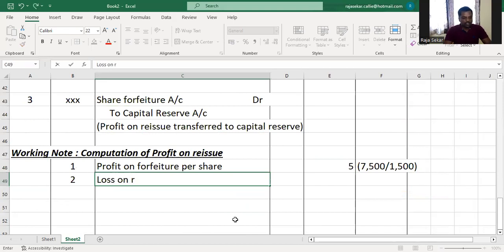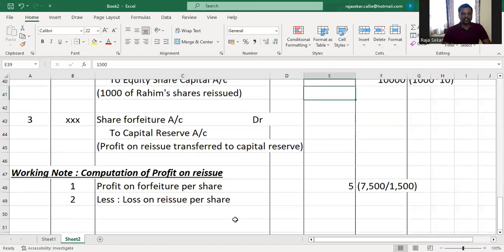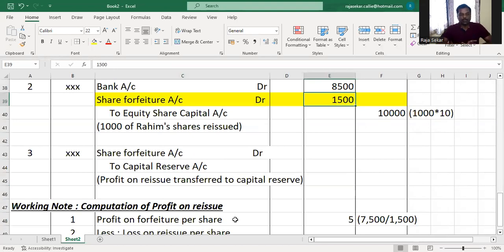Then we find the loss on reissue per share. And we subtract that from the profit on forfeiture per share to arrive at the profit on reissue per share. The loss on reissue per share also is not given straightforward in this question. You see, while reissuing, they're saying that they incurred a loss of 1,500 rupees. That is, the shares were reissued for rupees 8,500 as fully paid up, which means as 10,000 paid up, which means that 1,500 has been incurred as loss.